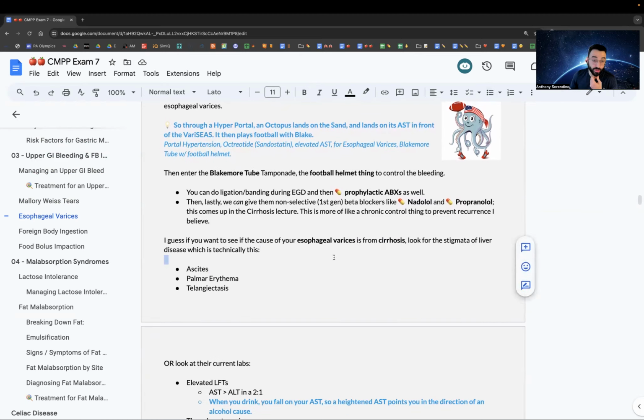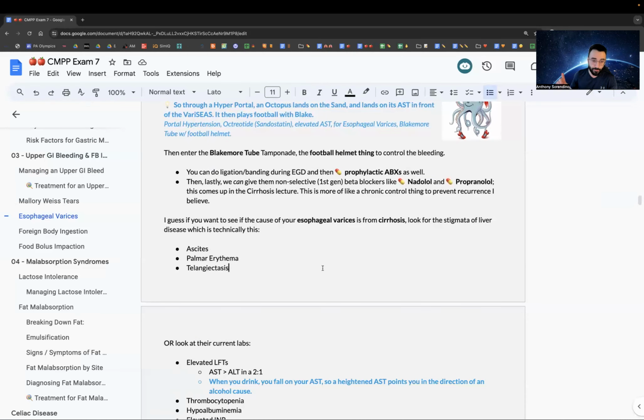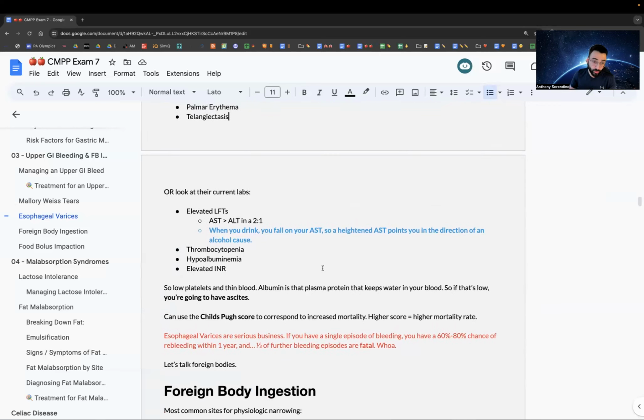Again, if we want to see if this is coming from cirrhosis, look for that stigmata of liver disease, which is ascites, palmar erythema, so red hands, and those telangiectasias. Or we can look at their labs. We'll see elevated LFTs, and we're going to see AST over ALT. The reason why I remember this is because when you drink, you fall on your AST. So a heightened AST points you in the direction of an alcohol cause.